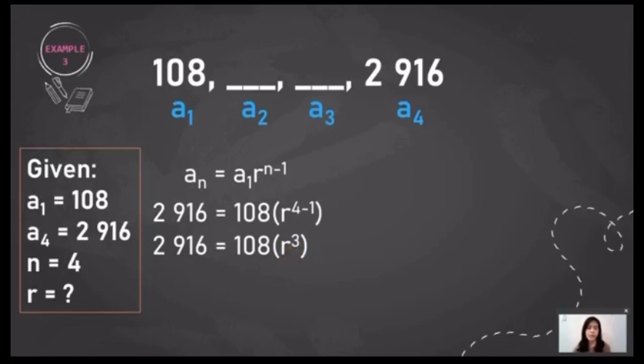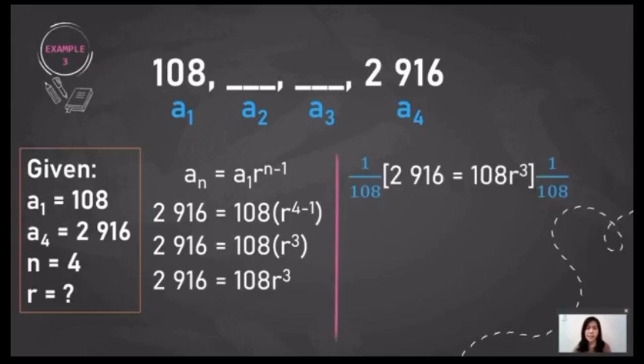So we can divide both sides by 108, or we can multiply both sides by the reciprocal of 108, which is 1 over 108. Okay, now let's multiply 2916 times 1 over 108, that's 27. Next, 108 r cube times 1 over 108 is r cube.